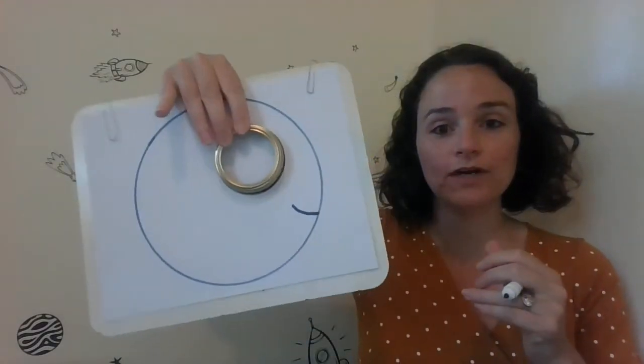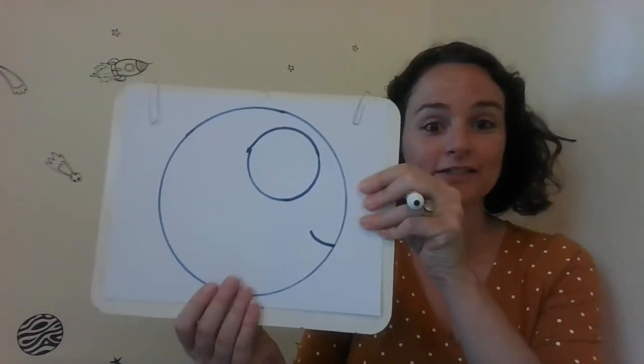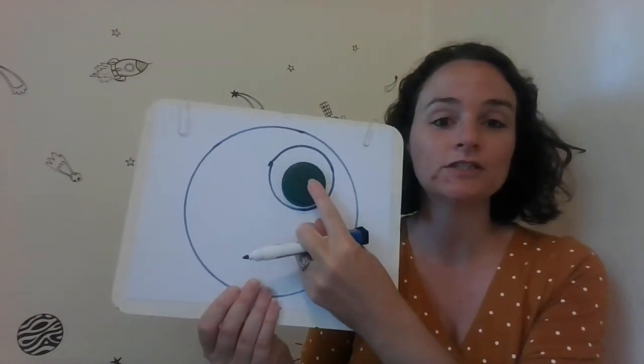So first, I'm going to use my medium circle, and I'm going to give him a medium circle right where I think his eye should be. That's a good start. It doesn't look quite like an eye. So I'm going to put my small circle inside of my medium circle. And you can even color that smaller circle in.